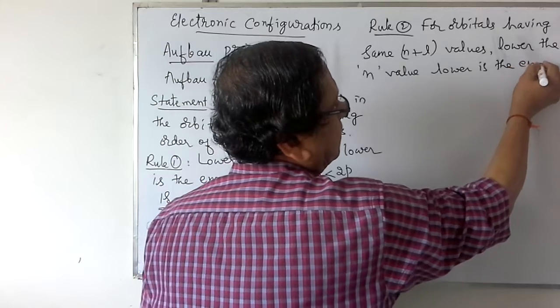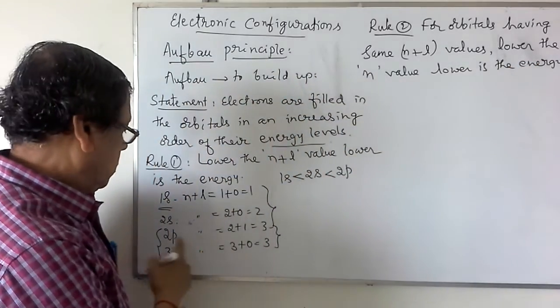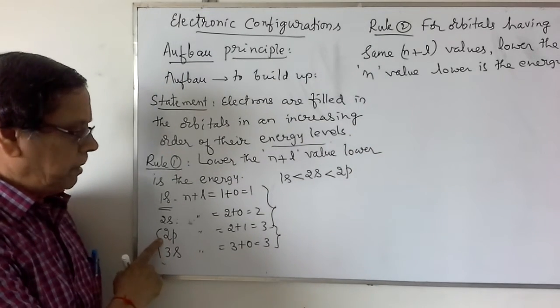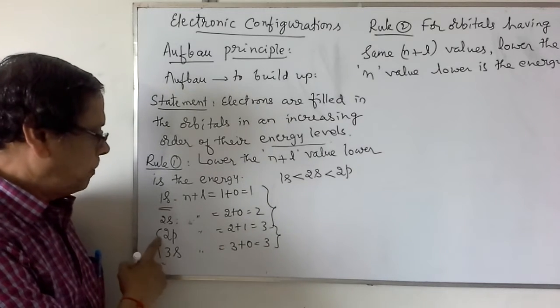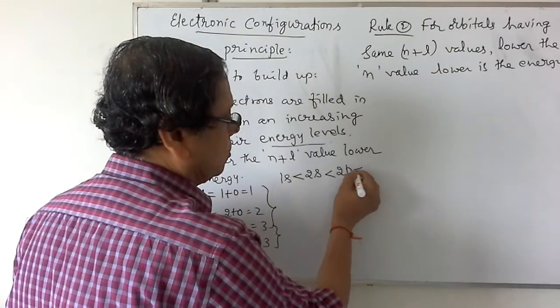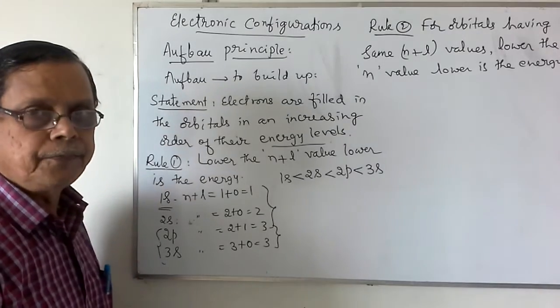That means between the 2p and 3s orbitals, which have the same n plus L values, the 2p orbital has the lower n value. Therefore, compared to 3s, the 2p orbital has the lower energy.